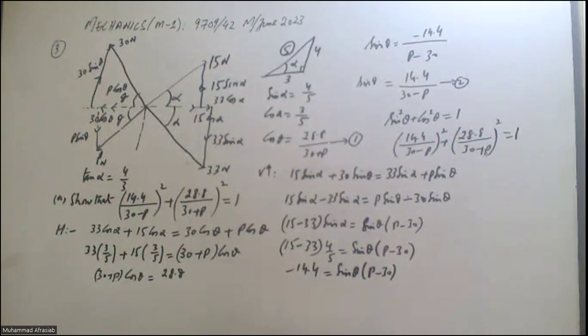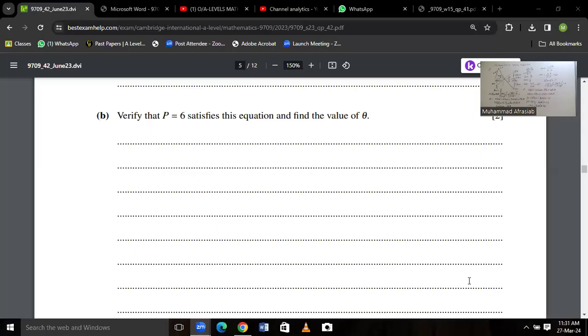Now for the second part, verify that P is equal to 6 satisfies the equation and find the value of theta. So if P is equal to 6, first you have to verify and then you are going to find the value of theta.